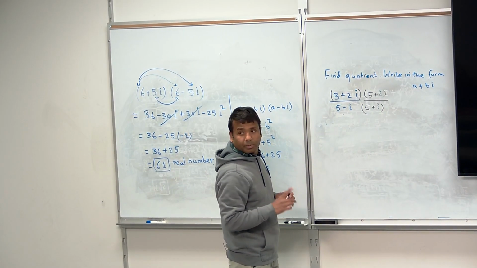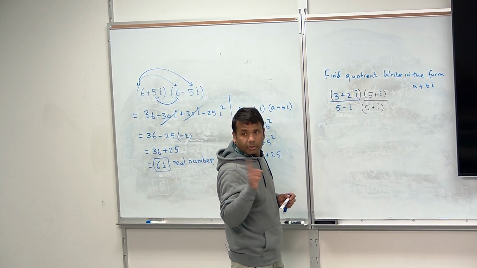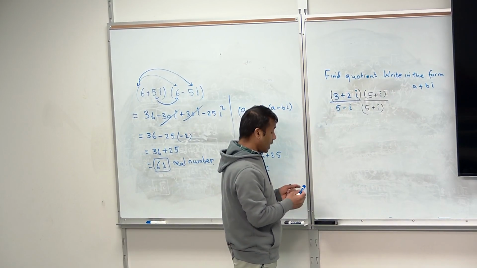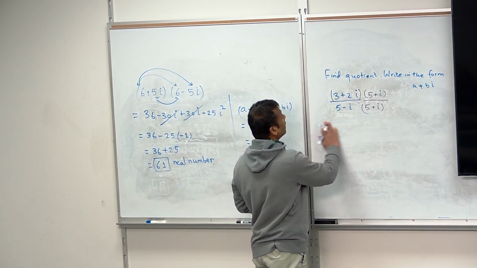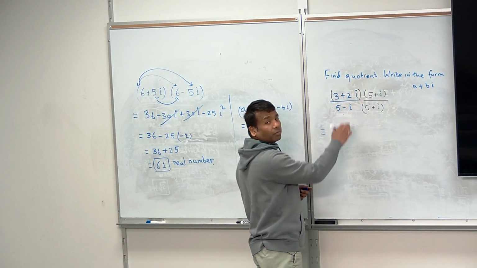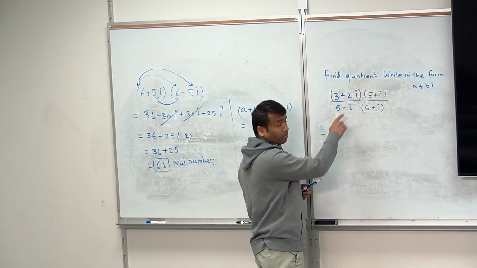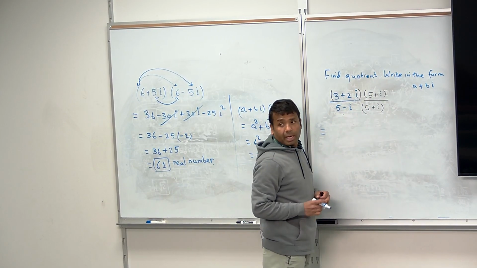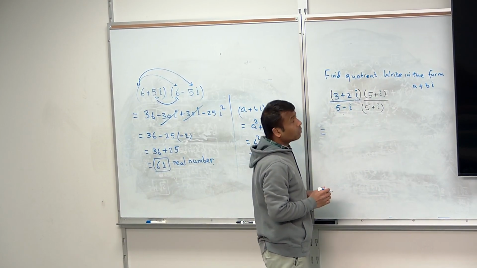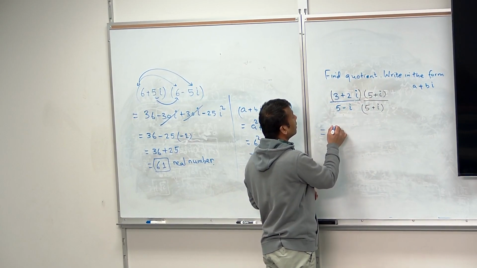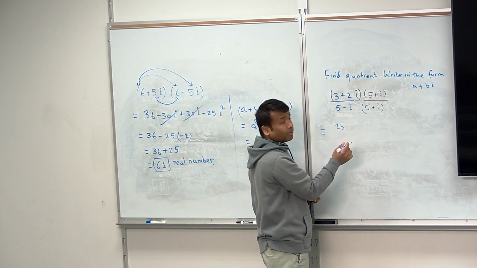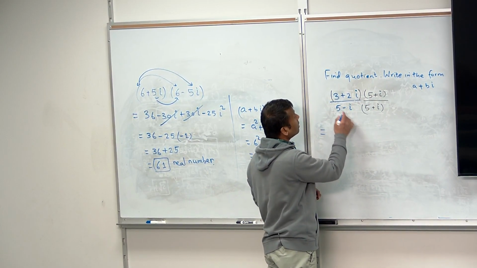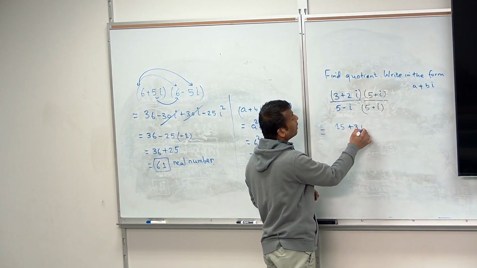So now you see what I did. Let's use FOIL for the numerator: 3 plus 2i times 5 plus i. What is 3 times 5? 15. Plus 3 times i, 3i.